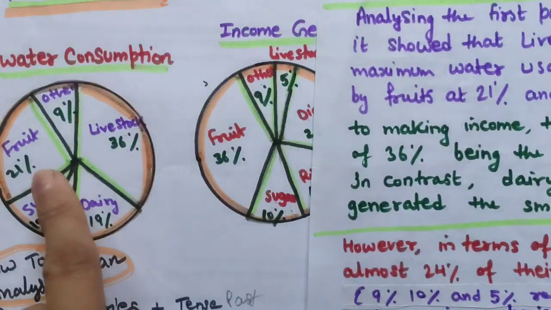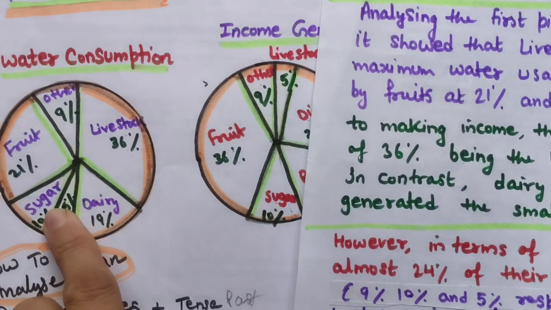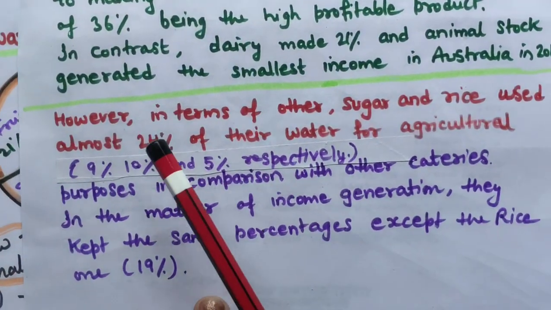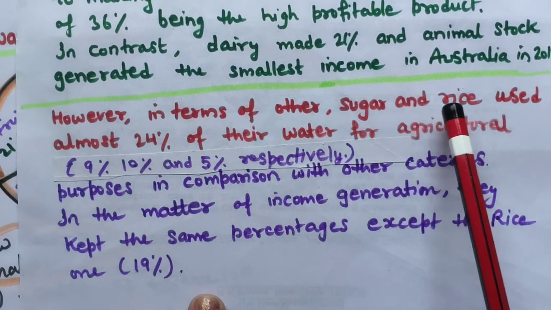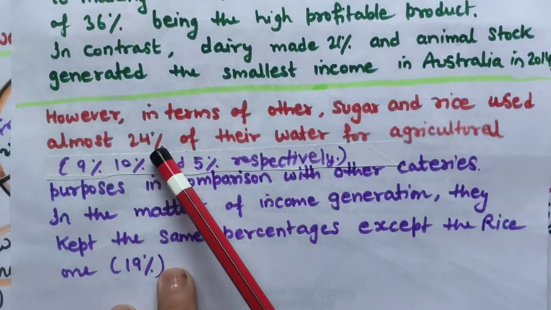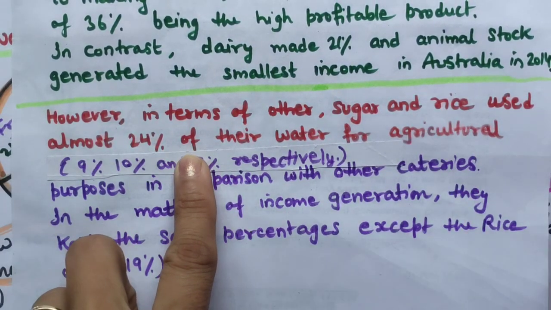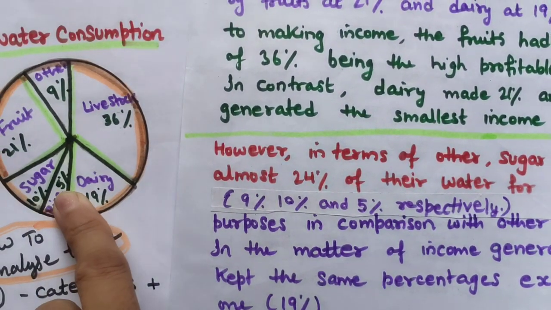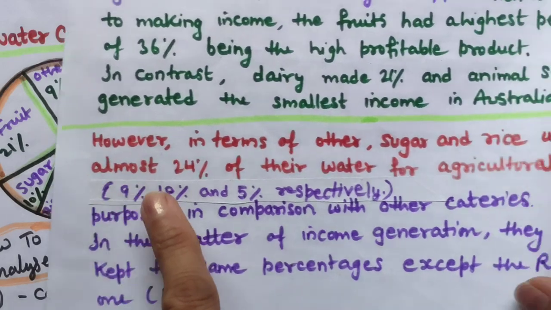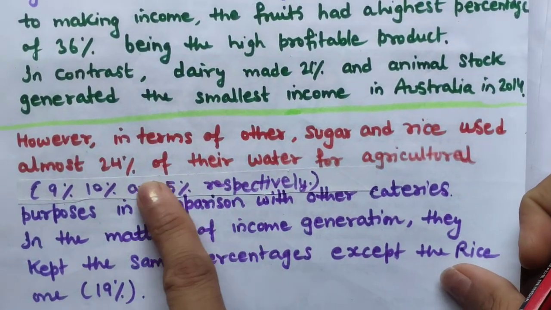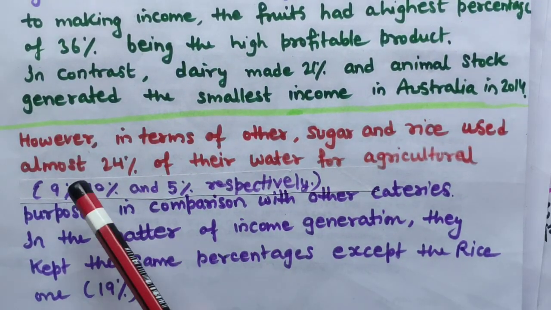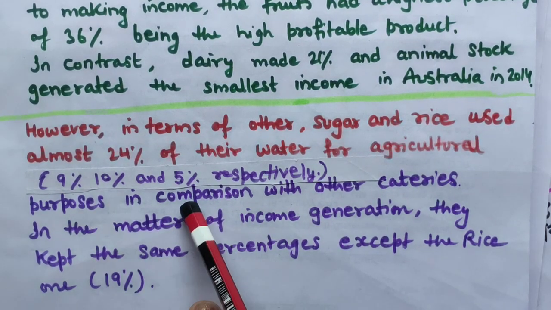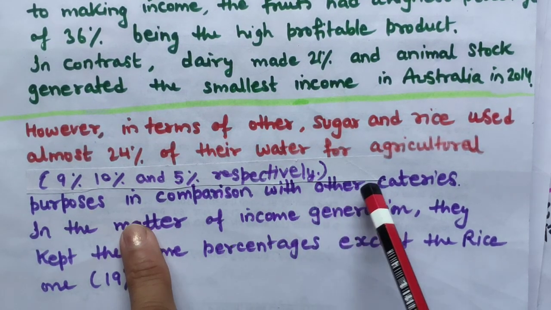See this, now we will combine these three things: rice, sugar and other. Okay, however, in terms of other, sugar and rice used almost 24%. Now I have totaled these three, 9%, 5%, 10%: 10 plus 5 is 15, and then 24. So I have combined them, and in brackets I have given almost 24% of their water for agriculture purposes in comparison with other categories.